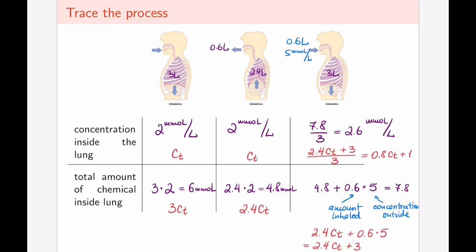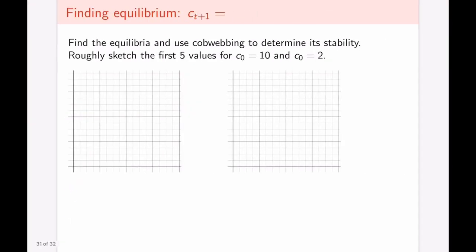This is exactly what the concentration is now going to be once we make it through the full inhale-exhale step. So our model is C sub T+1 equals 0.8 C sub T plus 1. Let's see whether we can find an equilibrium and analyze it analytically and graphically.